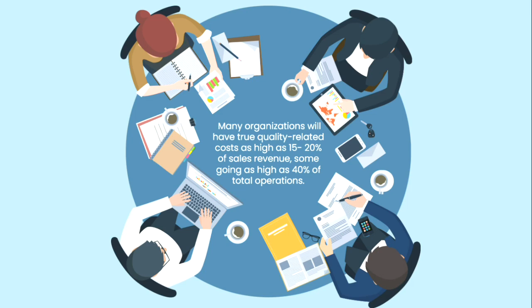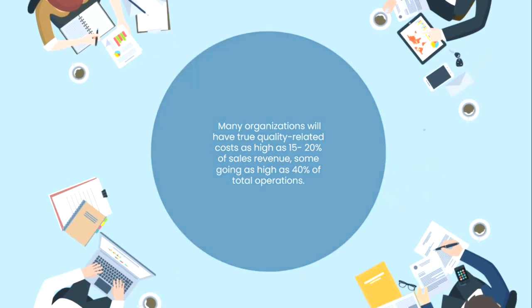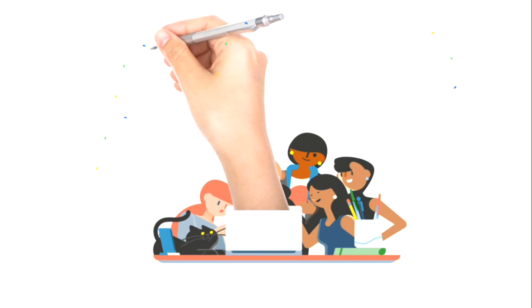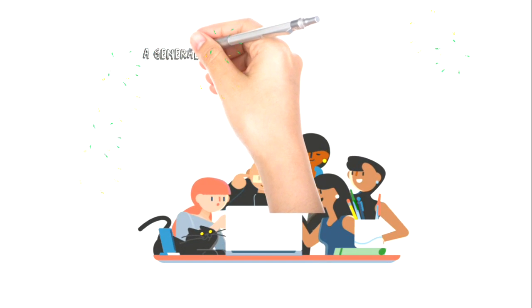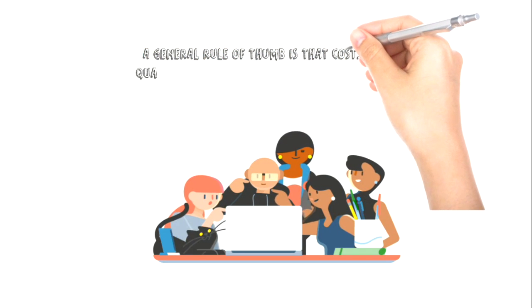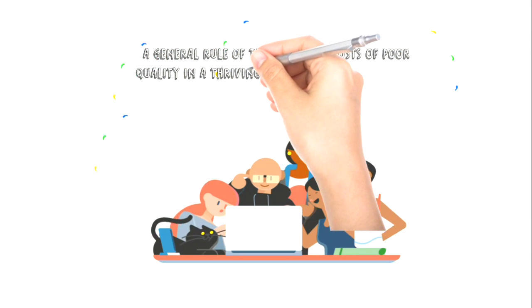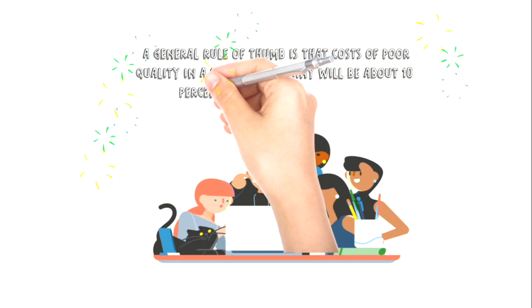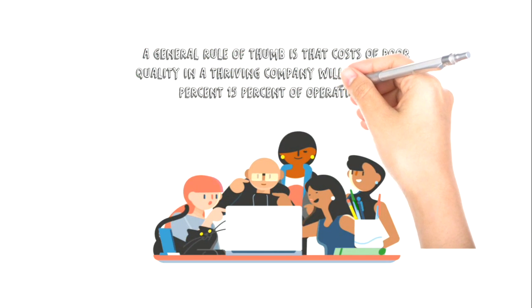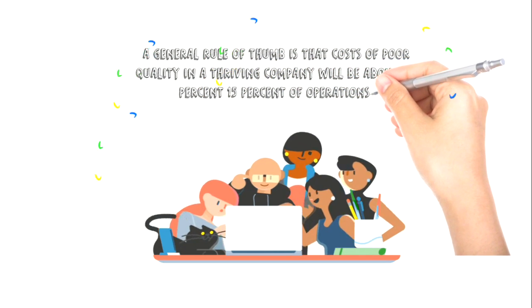Many organizations will have true quality-related costs as high as 15 to 20% of sales revenue, some going as high as 40% of total operations. A general rule of thumb is that the cost of poor quality in a thriving company will be about 10 to 15% of operations.